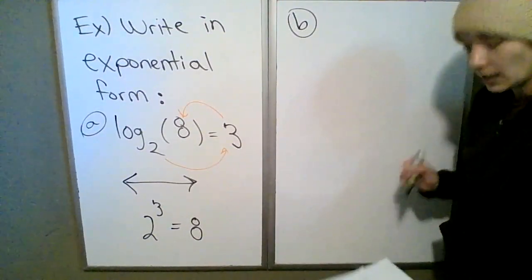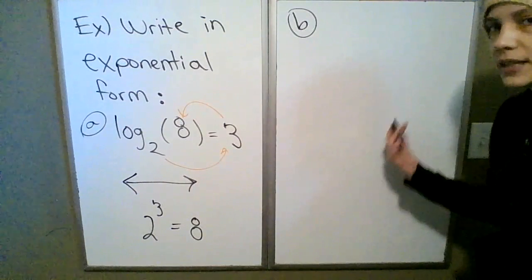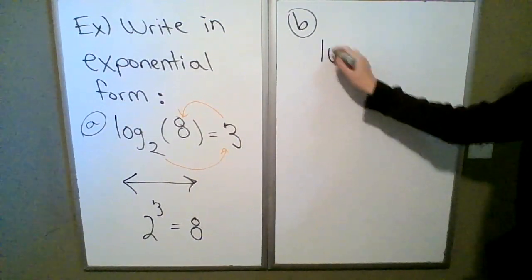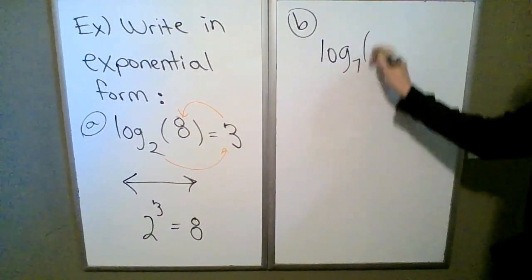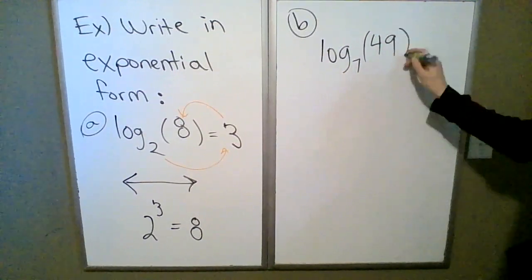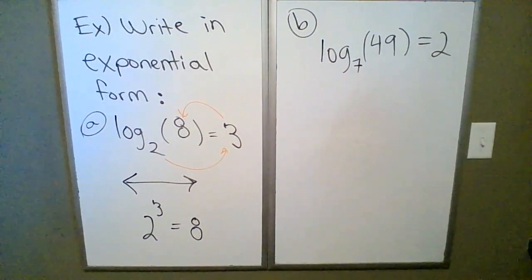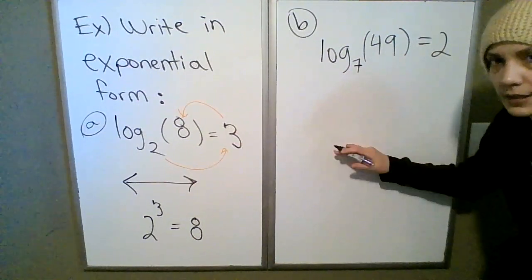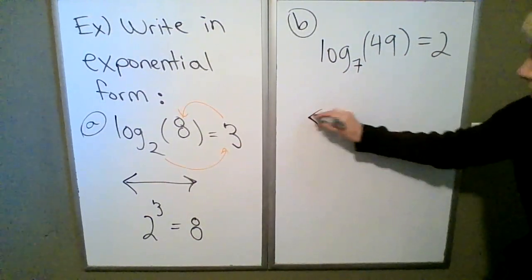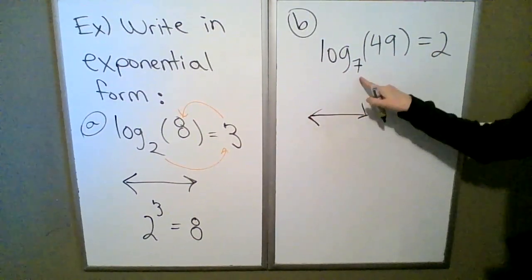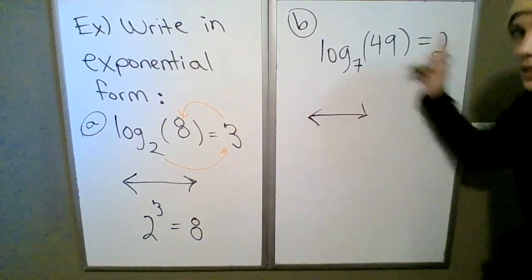We write log base 7 of 49 equal to 2. Okay, from here to here, it's equivalent to 7 raised to power 2 equal to 49.